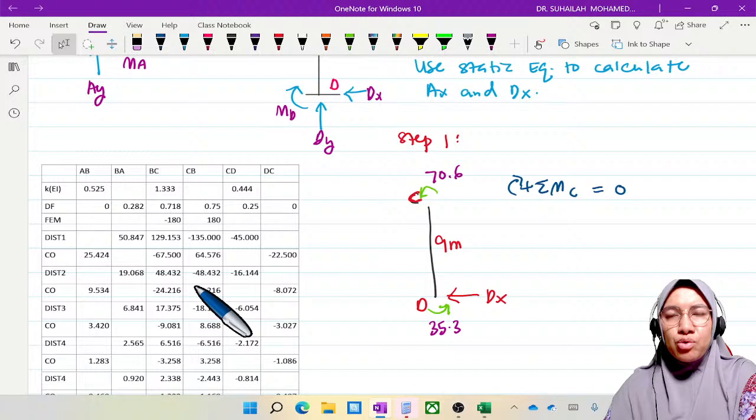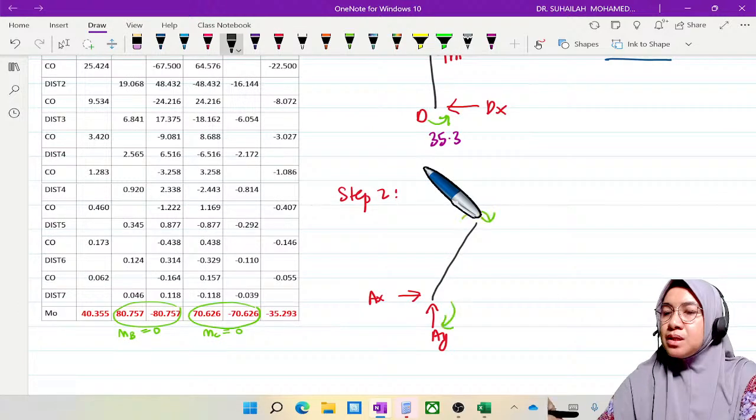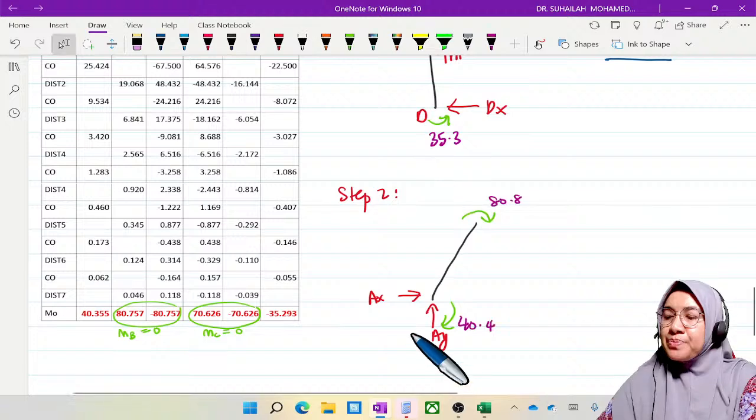We have moments positive, positive. This is a positive moment, the values are 40.4 and 80.8. The question is, can we get Ax and Ay? Can we get Ax? No, because we have two unknowns. So how to get Ax?